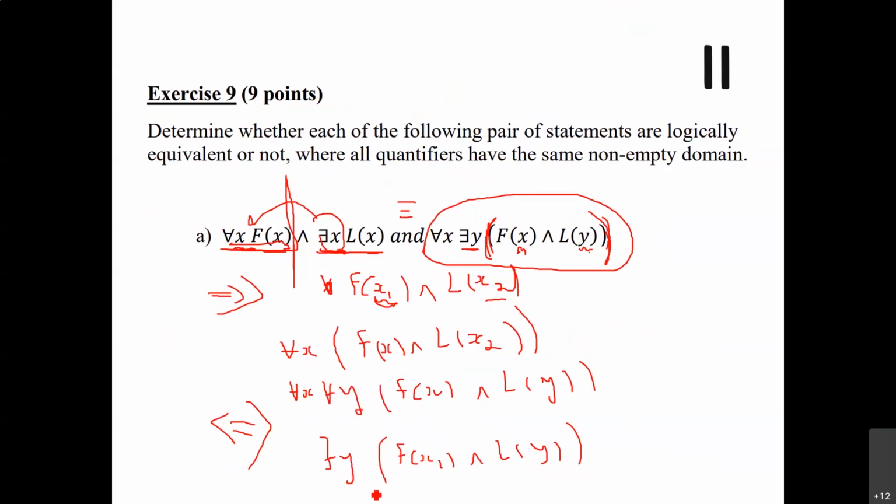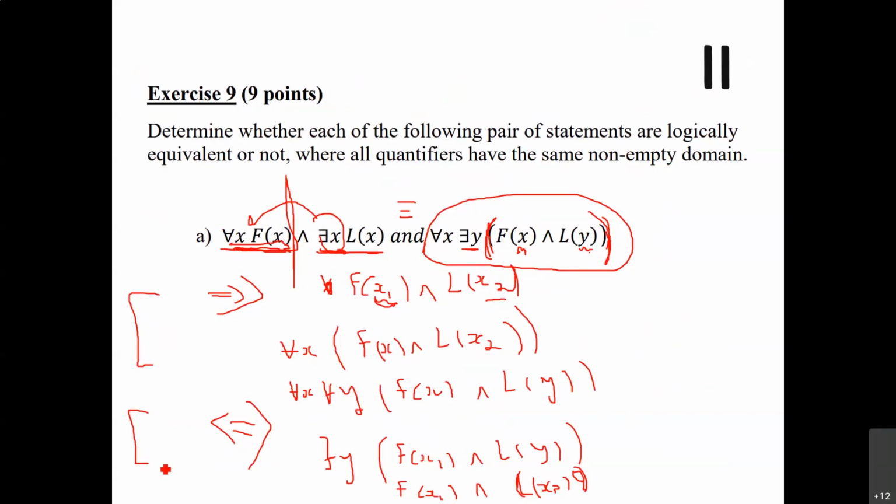Then step 2, f of x1 and L of x2. And it could be A3 or C. It's just arbitrary. And you keep going. So this is the actual proof of how to do it. There's understanding what the question is trying to tell you, and there's actually doing the proof. Okay?